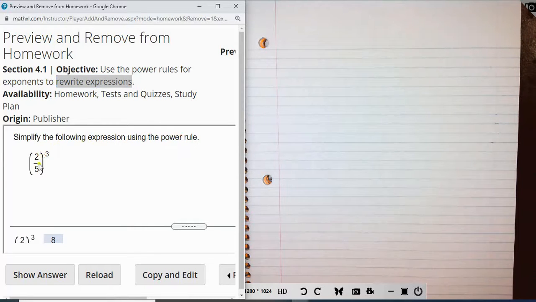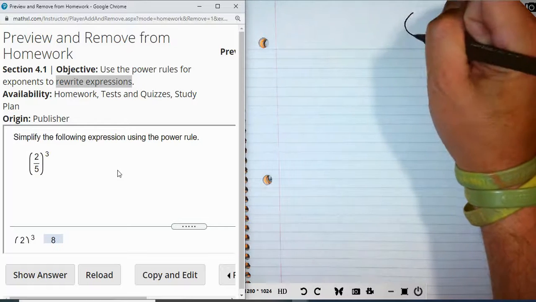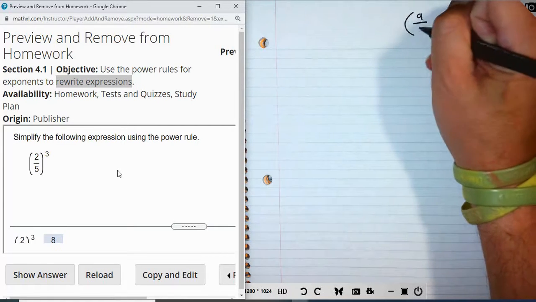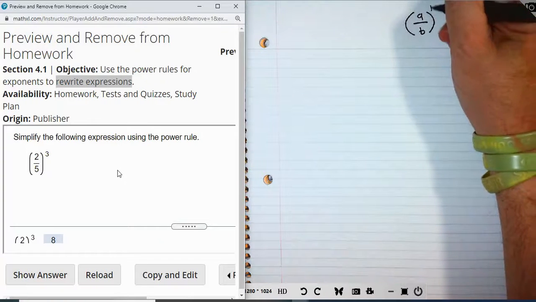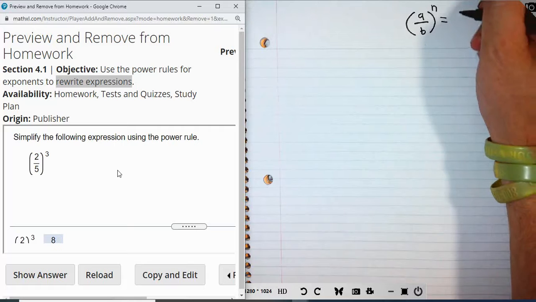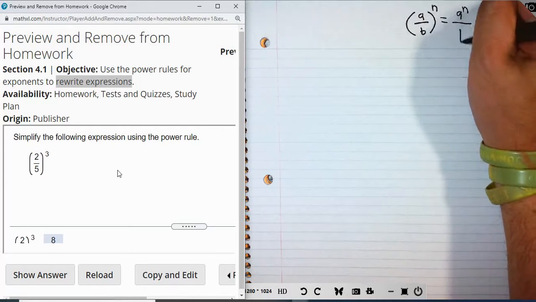If you look at it, what we have is a quotient to a power. Remember, the quotient to a power rule was a over b to the n is equal to a to the n over b to the n.